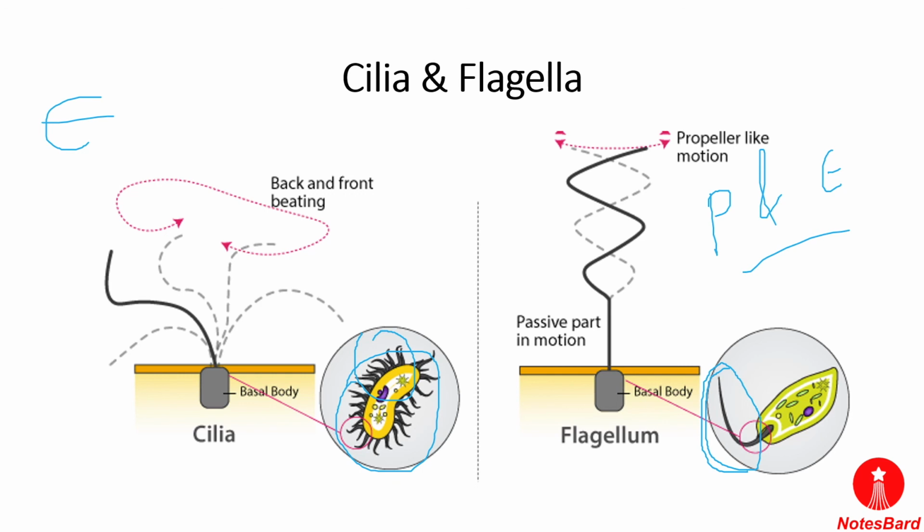Cilia beat in coordination, one after the other, but flagella beat independent of each other. The main functions of cilia include locomotion, aeration, feeding and circulation, whereas the flagella only help in locomotion. Paramecium is the example of cilia and Salmonella is the example of flagella.